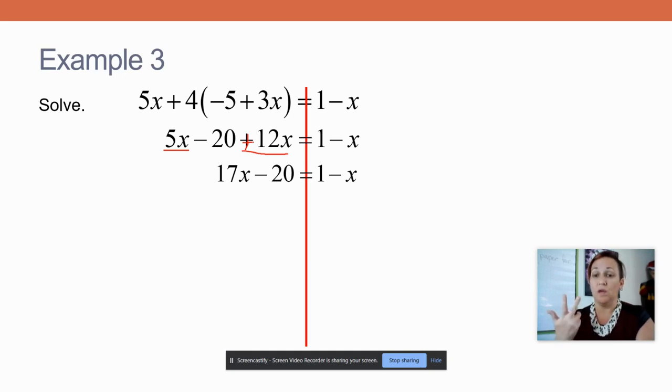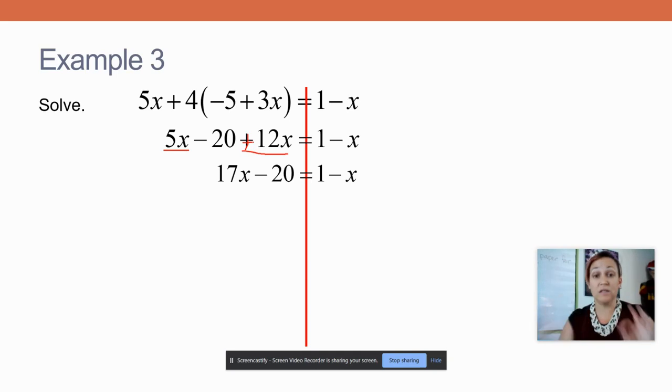Step number 3, if I see variables on different sides of that red line that I drew, I'm supposed to move one of them over to combine it with the other one so that there's only one letter x. And I do see 2 letter x's. I've got a 17x and I've got a minus x. I like to choose the smaller number, so I'm going to choose the minus x and move it over so that it's with the 17x.